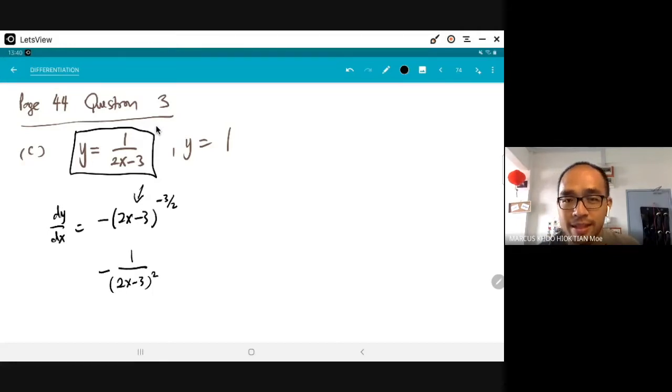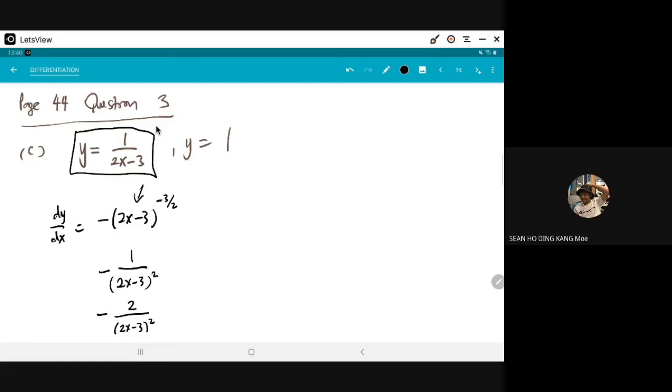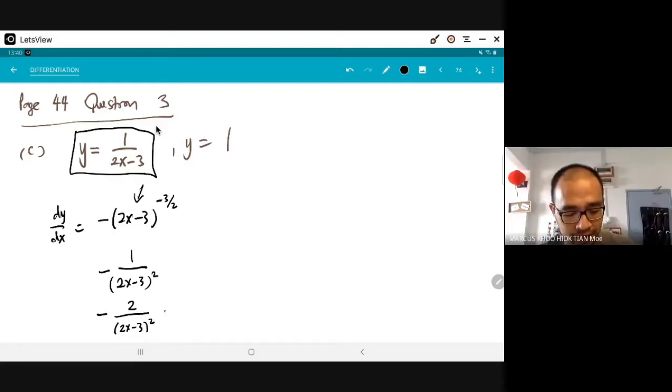That is also wrong. Negative 2 over 2x minus 3 to the power of 2. Square, sorry. Like this. Is it wrong? Yeah, this is correct. I think so. Okay, fine.